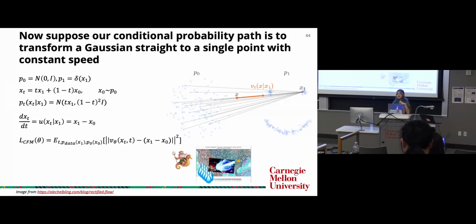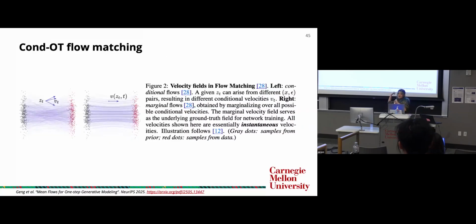Does the velocity stay constant? The velocity is constant only on this particular path, only on this particular x0 to x1 path, but not in general. I think this may answer your question. The left-hand side is the path that you construct at training time, so everything is straight.